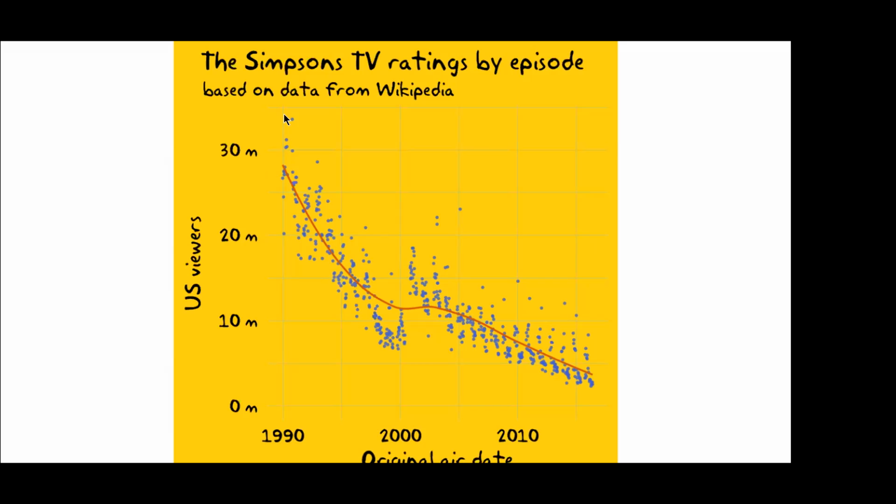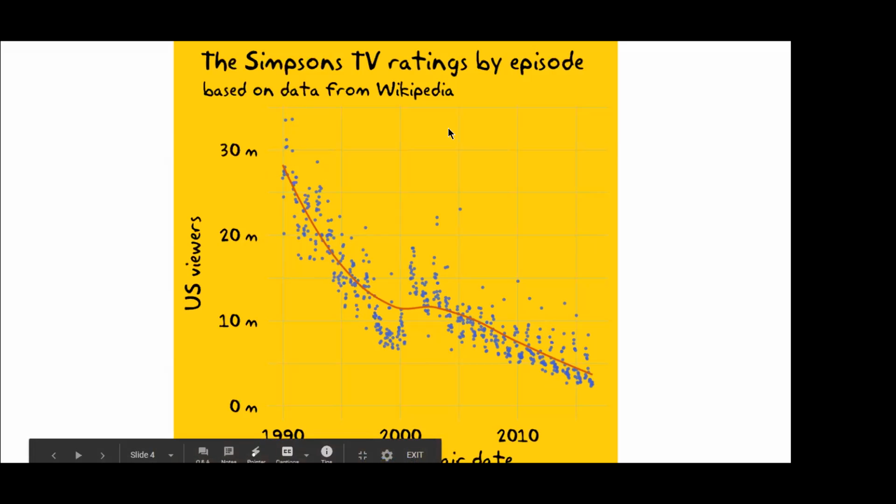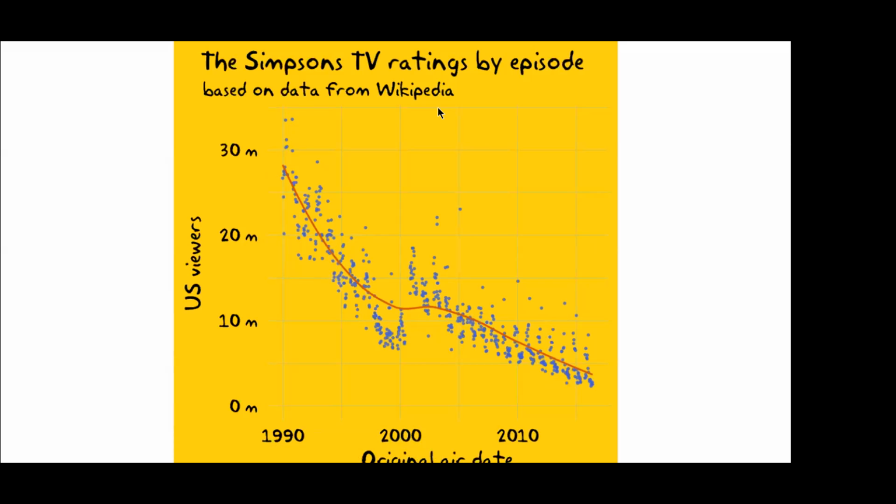If you'll notice, we're seeing somewhat of a downward trend. As the years have gone by, the number of viewers has lessened. They've decreased in the number of viewers that watch an episode when it first premieres. Now that could be due to a lot of different reasons, but as of right now, I'm just using this to answer my question.